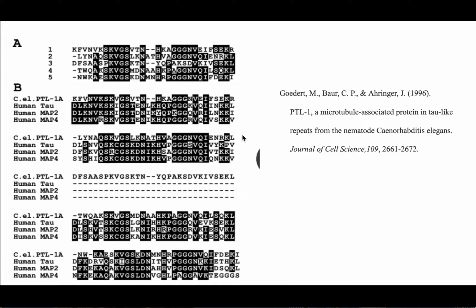They did a lot of investigation comparing it to tau, and as this diagram shows, there's a lot of similarities between the two, and also with MAP2 and MAP4. But the really cool thing is that when reading this article, it really started to investigate the isoforms, because the isoforms are key to the development of this disease.